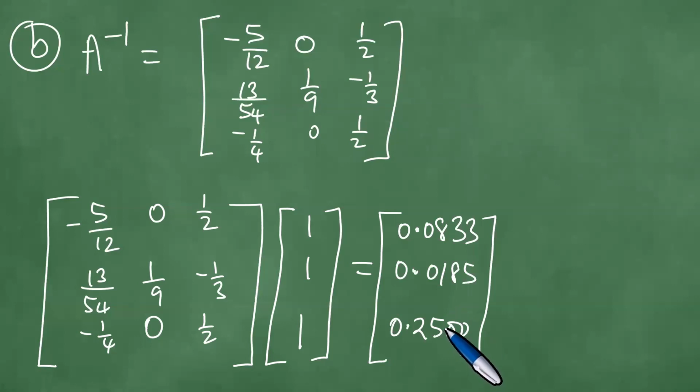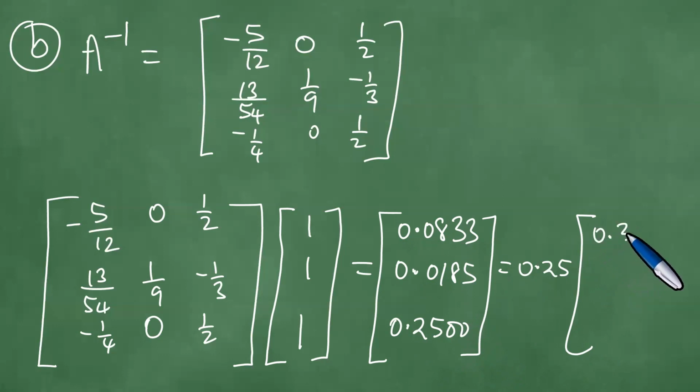Which one is the biggest one? The biggest number here is 0.25. The biggest decimal, so we factor it out. Now we divide this by 0.25 and that gives 0.3333. If you divide these by 0.25, you get 0.0741.